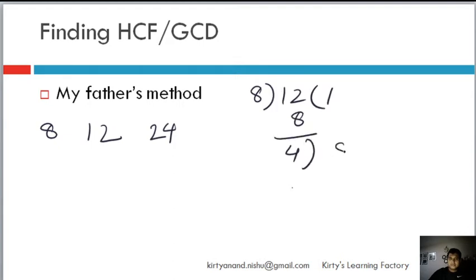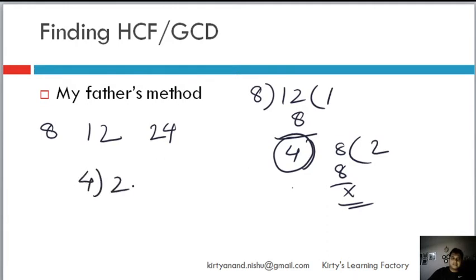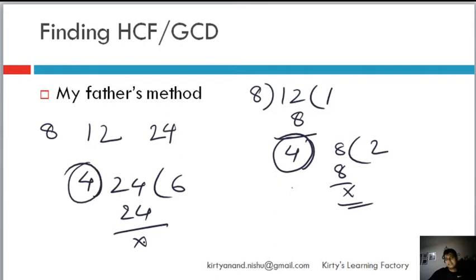4. So what is my last divisor? 4. Now what I will do, using 4, then I will start dividing 24, and I will follow the same. But what do we see? We see here that using 4, when I divide, the remainder is 0, and therefore 4 is the HCF.